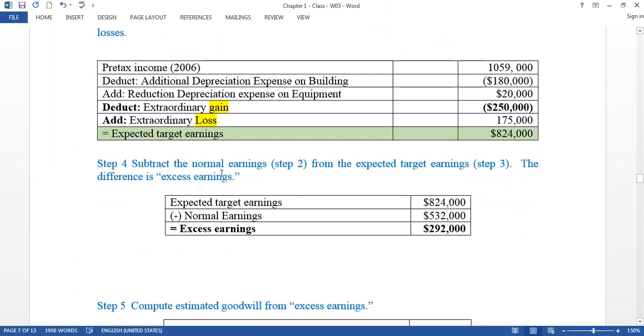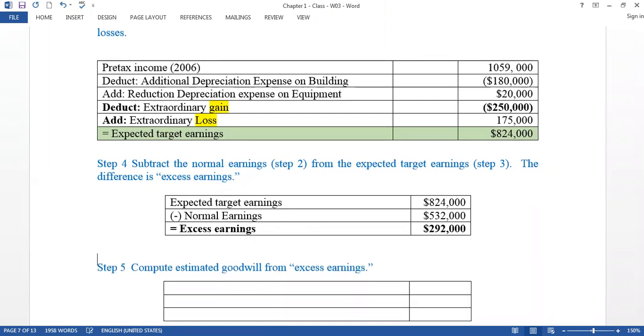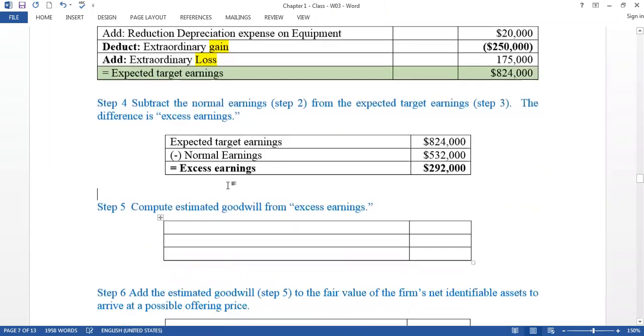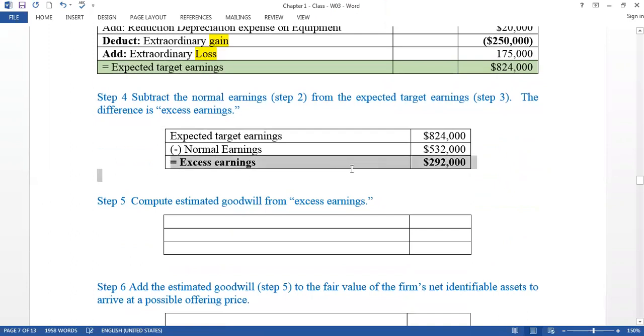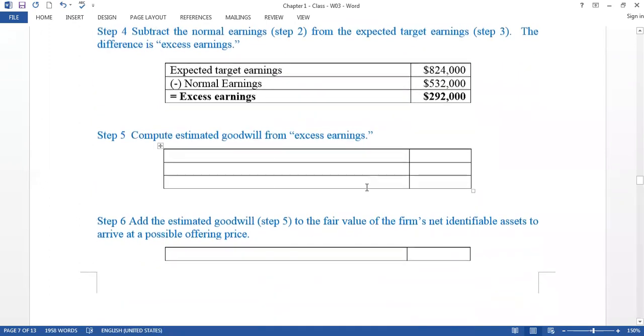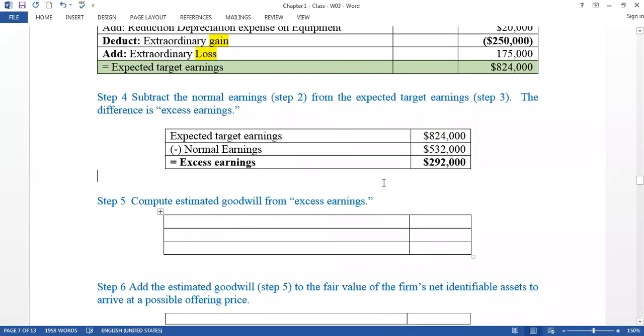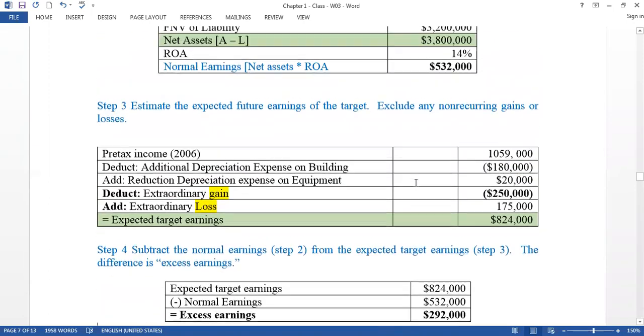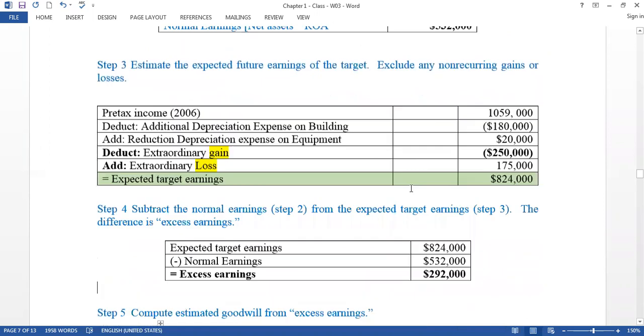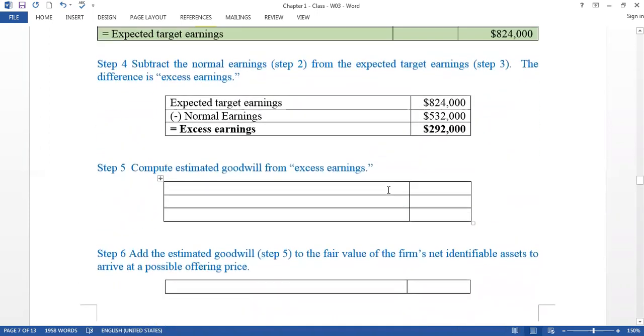Step 4, we already calculated our excess earnings. Now we have to read the question to see how long this excess earning will last, right? If it is an unlimited period of time, then we have one method. If it is a limited period of time, you have another method. According to this question, we will have this for 7 years only.